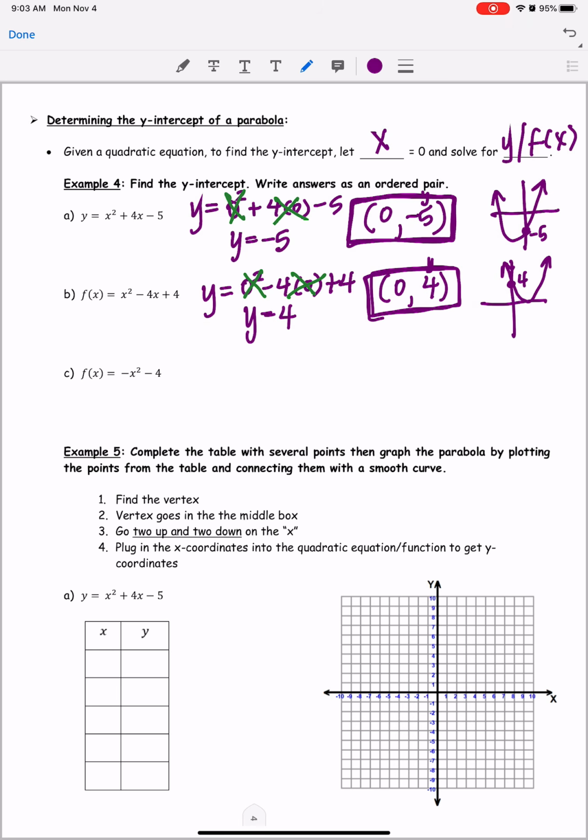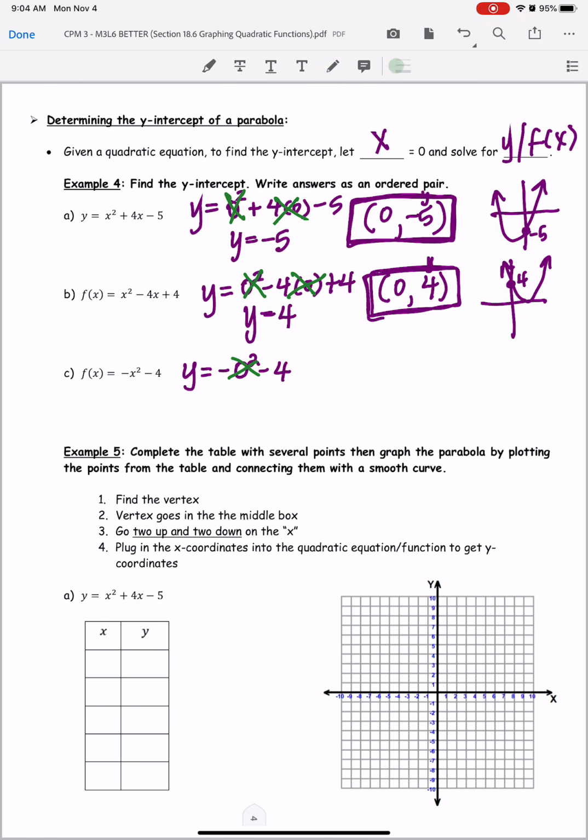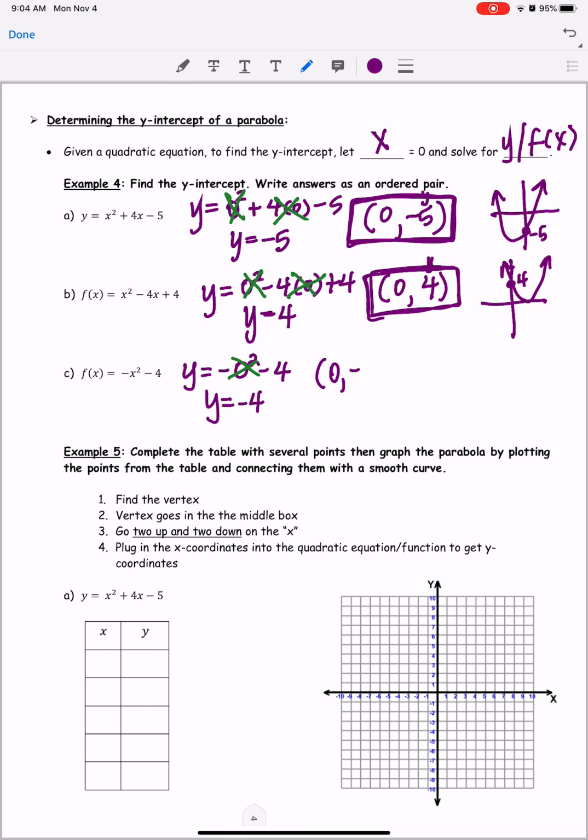And then last one here, y equals -0 squared minus 4. Again, 0 squared is 0. And so I'm left with y equals -4. So as an ordered pair, that is going to be 0, -4. You want that y coordinate to be whatever you found y to equal.